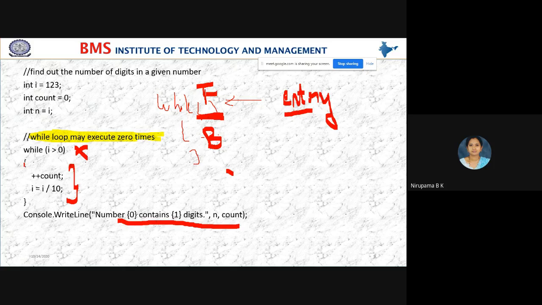Here, what is the example? If I is greater than 0, yes, this condition is true now, so count will be incremented by 1. Now the count value is 1. Now I is how much? I is 123. 123 divided by 10.